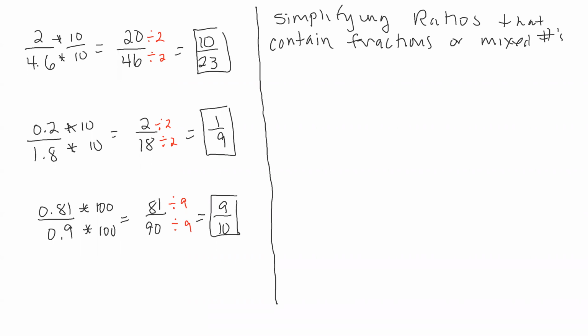I think it's best if I just show you how to do this, okay? So let's say we have 8 and 1/2 to 21 and 1/4. It's going to look weird, but the first thing we want to do is write this in fraction form.